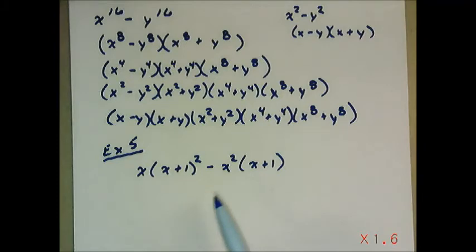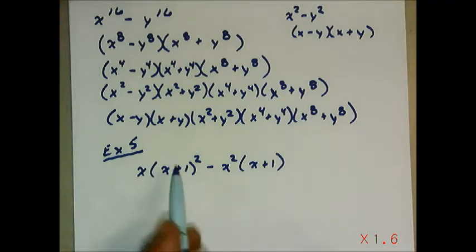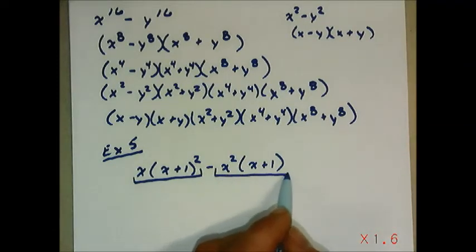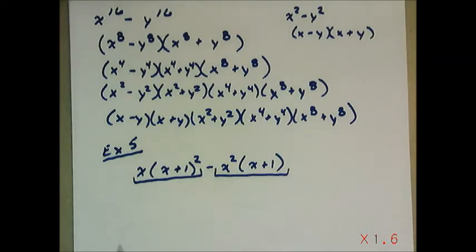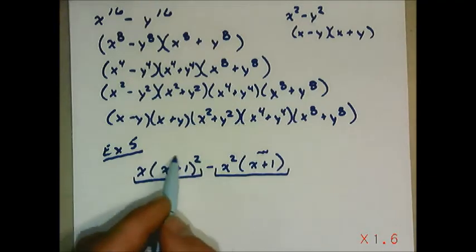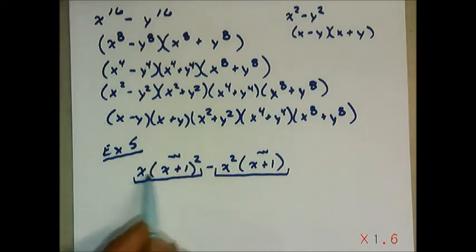This is kind of going back to our factor by grouping. But we already grouped them at one point, and now we can look at each of these terms. Notice we have one term here and one term here that we're separating by that minus sign. So if I look at this, I have a quantity that's the same, x plus 1 is the same, and I also have an x in common.